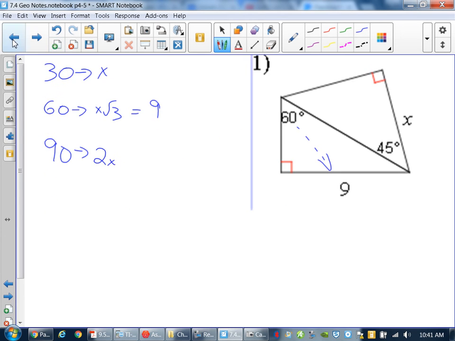Cool. So if I go back to this, again, knowing that across from my 60 is some value of 9, I solve this one-step equation by division. That means my value of x, the generic term that everything had, is 9 divided by root 3. Put it in the calculator, what do you get?